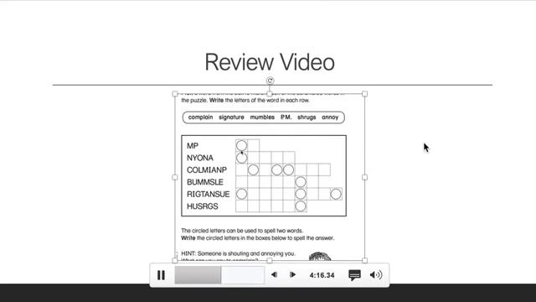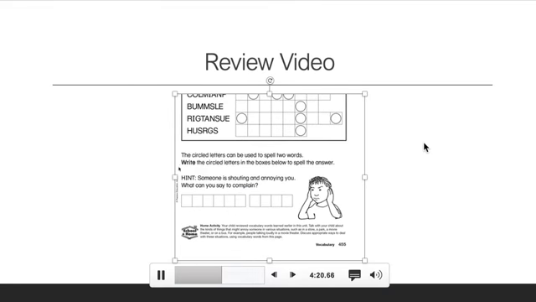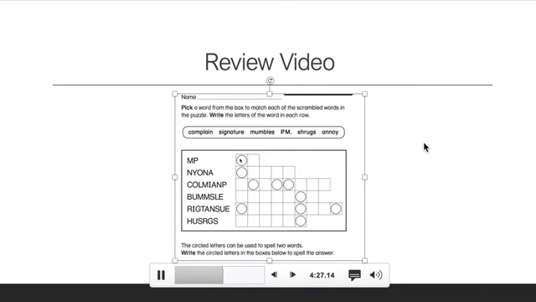And notice that there are circles. So here's what's going to happen. The circled letters can be used to spell 2 words. So I would start with the first one. Write that letter first, second, third, fourth, fifth, 6th, 7th, 8th, 9th, and 10th.